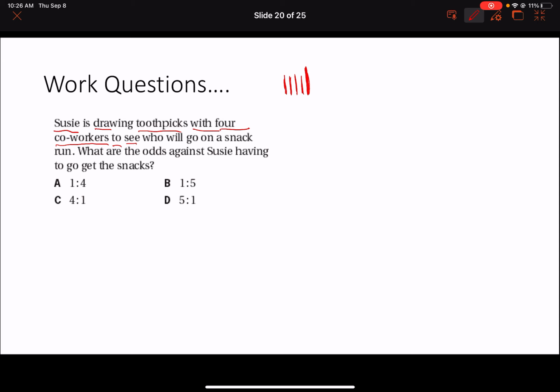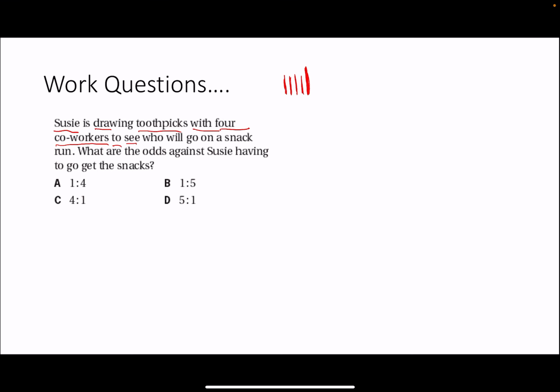We're drawing toothpicks. So you have 5 people, and each one takes one. Everyone takes one. Whoever takes the longest one has to go on the snack run. So what are the odds against Susie having to get the snacks?